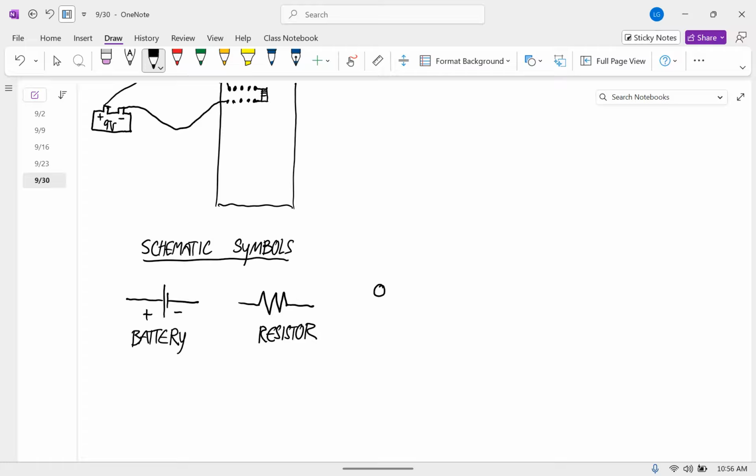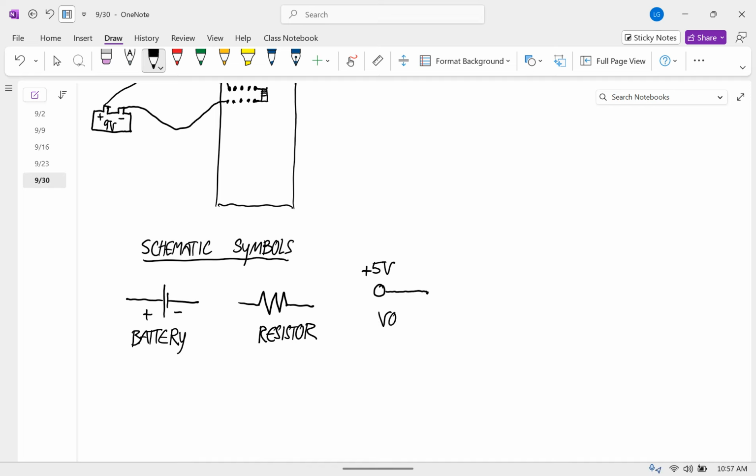A voltage source we're going to show as an open circle with a wire coming out of it, and it'll say what its electric potential is. I mean, really, you could think of it as an electric potential compared to the ground, but it'll say what its electric potential is compared to whatever ground you're using.